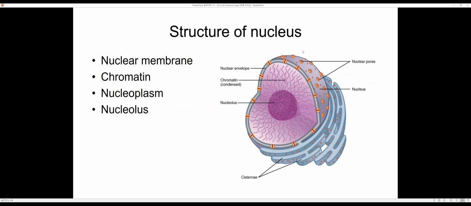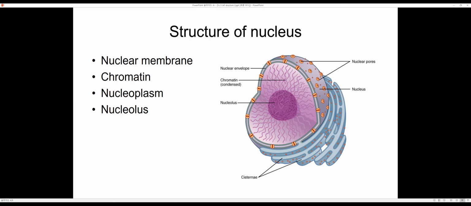Okay. Now this pore is a relatively big pore, and that's why small molecules can freely go in and out. So the components in the cytosol and inside the nucleus should be very similar to each other. That means if we have high potassium here, then inside the nucleus we can expect high potassium, not high sodium.